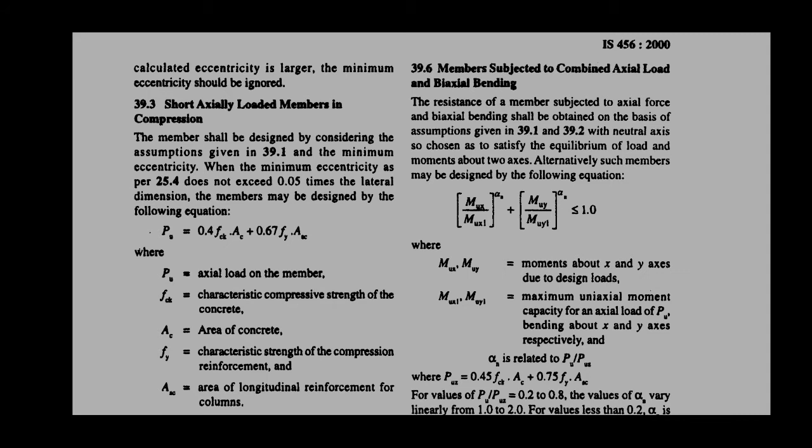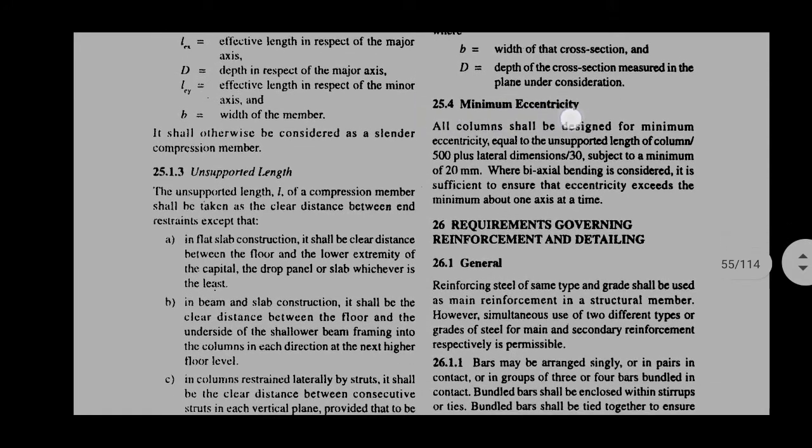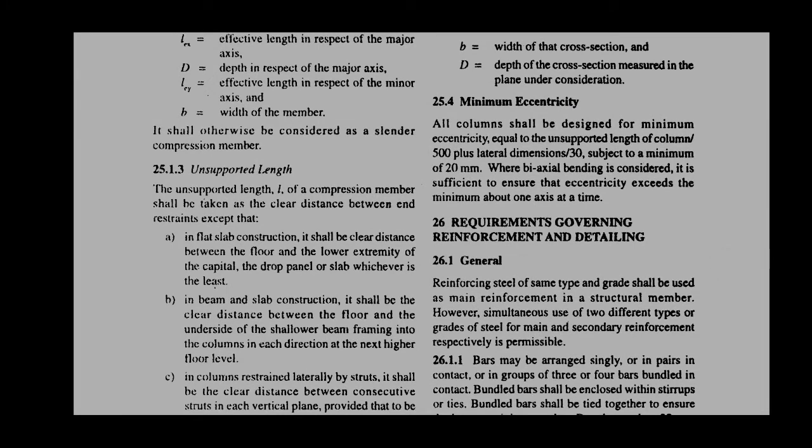So, before checking the following equation, let's check out as per clause number 25.4 what is minimum eccentricity. Clause number 25.4, minimum eccentricity: all columns shall be designed for minimum eccentricity equal to the unsupported length of column by 500 plus lateral dimension by 30, subject to a minimum of 20 mm.